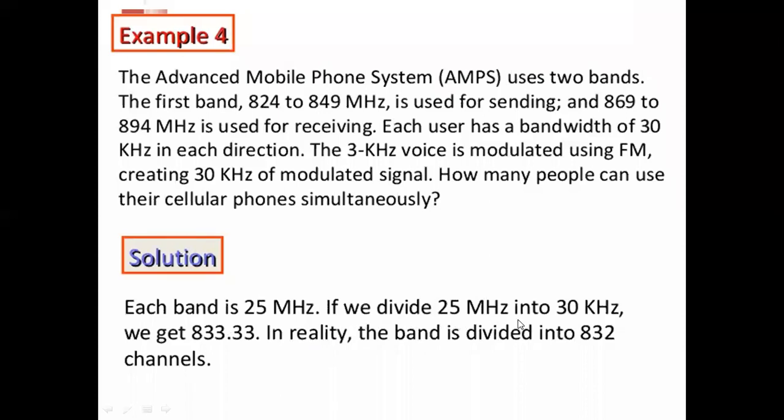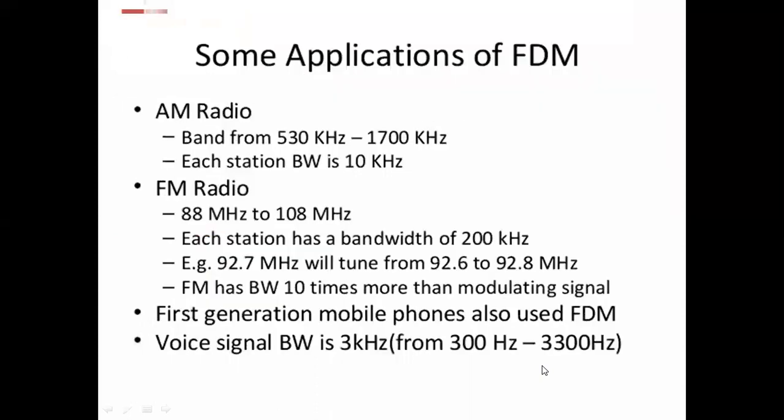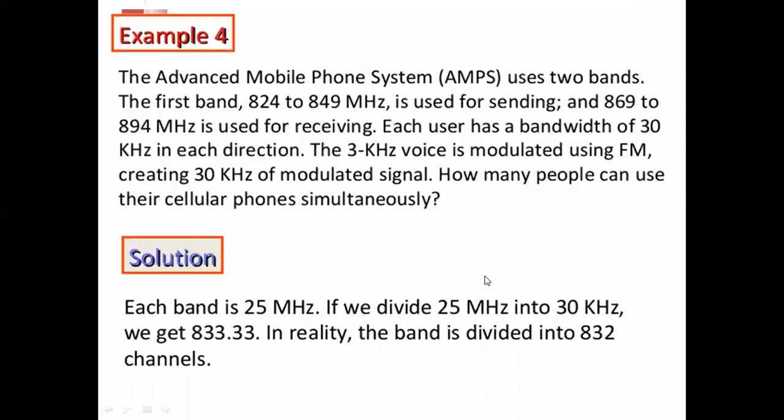If you divide the 25 megahertz by 30 kHz, you get 833.33. In reality, the band is divided into 832 channels. So the entire band is divided into 832 channels. Okay, so that is the solution.